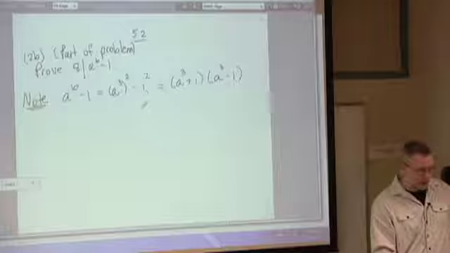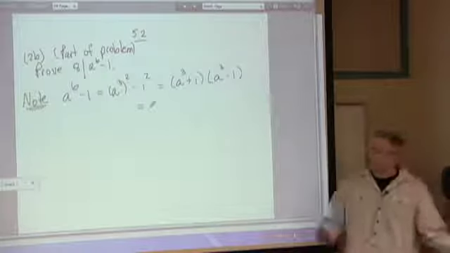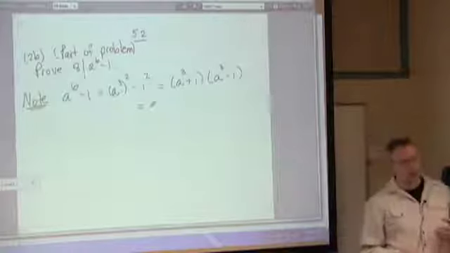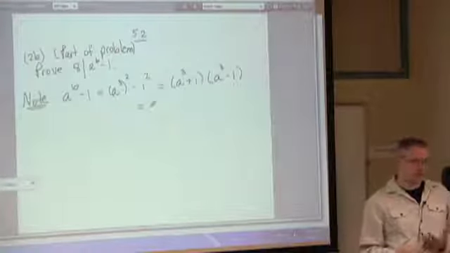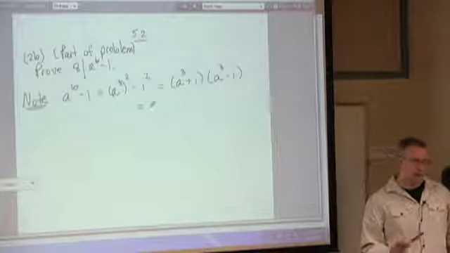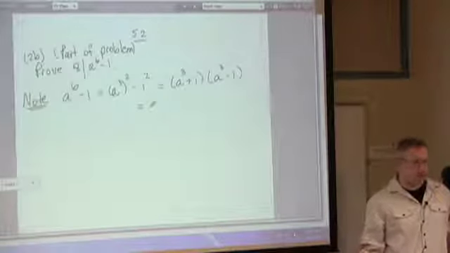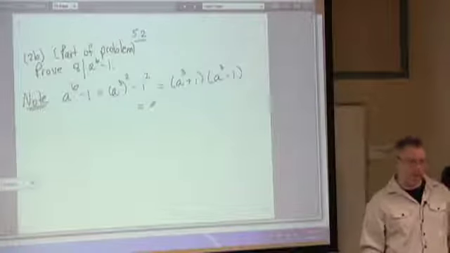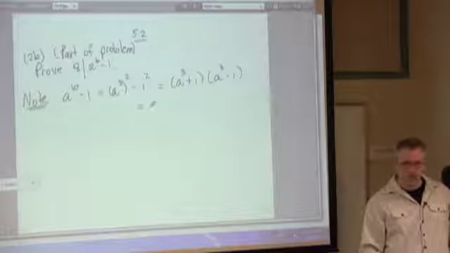I know I did this before, and I told you, some of you may have forgotten, that both of these can be factored. The first one is a sum of cubes, and the second is a difference of cubes, right? Because 1 is the same thing as 1 to the 3rd. If you forgot how to do it, the nice thing is we have the internet now. You can easily go on Google and search factoring sum of cubes or difference of cubes. You can get all these formulas in 3 seconds.